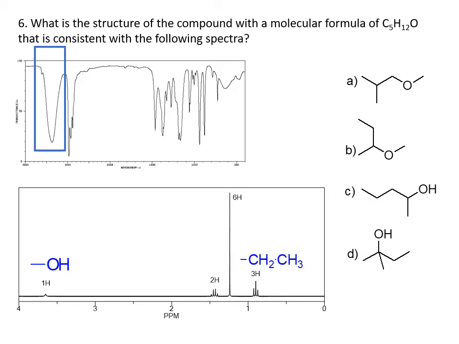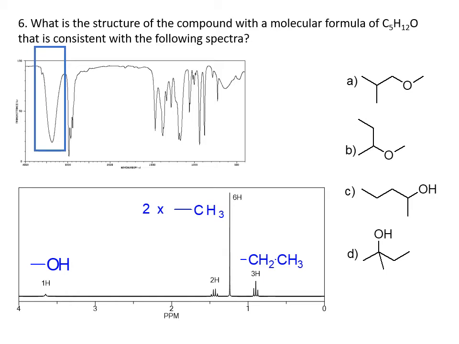Because C or D, only one would fit. But just to be certain, we have a strong sharp peak that is singlet, and it's due to 6 hydrogens. That has to be 2 methyl groups, and those 2 methyl groups are next to a carbon that has no hydrogen substituents because they are not split.